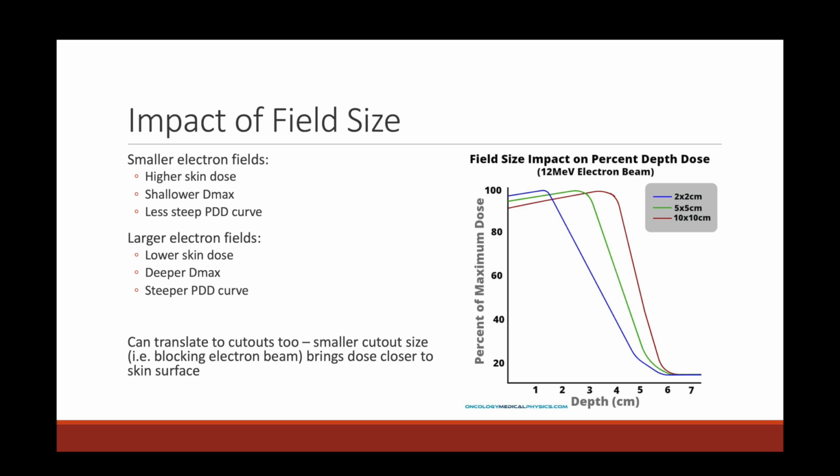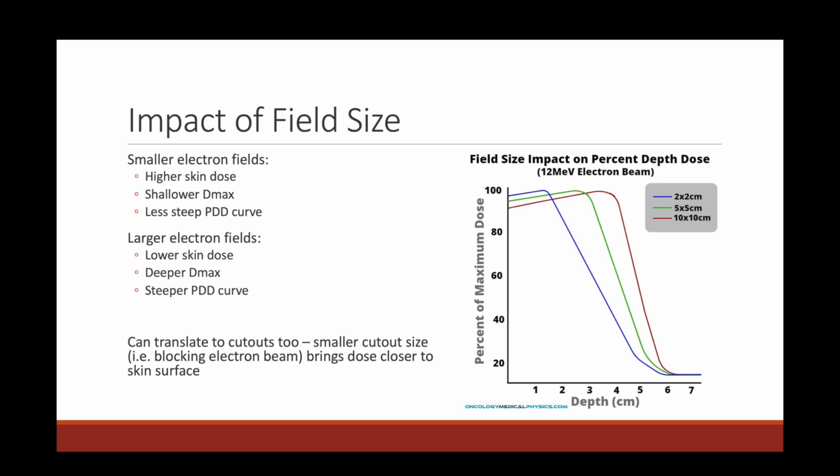In reality, when you're planning a clinical setup for any patient with electrons, there's usually an electron book in the department, and it's specific to the parameters on a given machine. It'll tell you what the percent depths are. It's a chart that goes through the different percent depth doses for a given energy beam for a range of different field sizes.